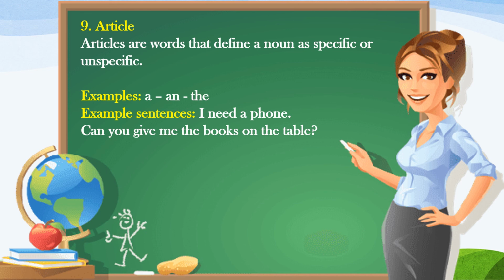Let's have a look at the second example. Can you give me the books on the table? So here I am saying that I want those specific books. Where? On this specific table. That's why I use the article the.